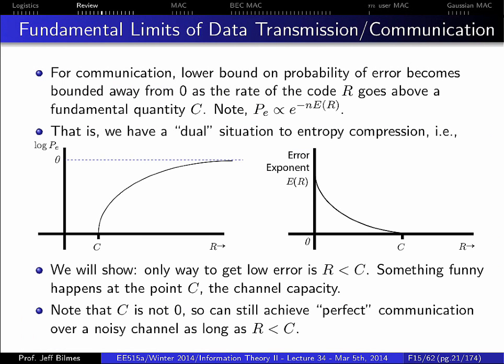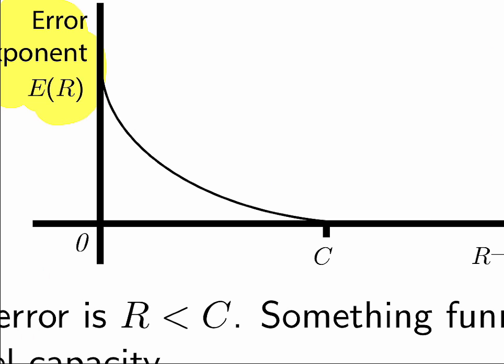And we saw these kinds of plots where we can look either on the right-hand side at the error exponent, or at the log of the probability of error. The error exponent is positive, meaning that the error is e to the negative error exponent. So as long as the error exponent is positive, the error is going to go to 0 exponentially fast. But as soon as the error exponent becomes 0, which happens at this point, then the error is not going to go to 0.